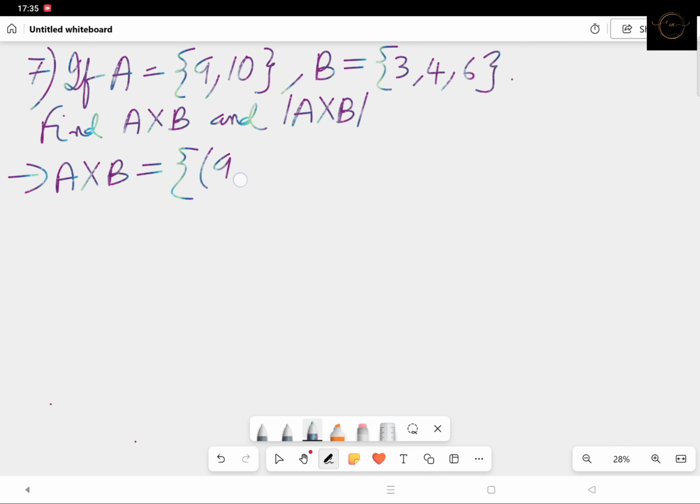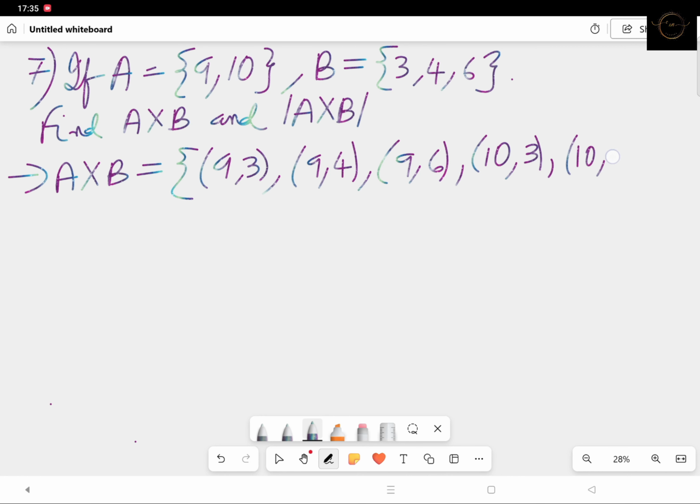Start from 9: (9, 3), (9, 4), (9, 6). Again it will be (10, 3), (10, 4), (10, 6).